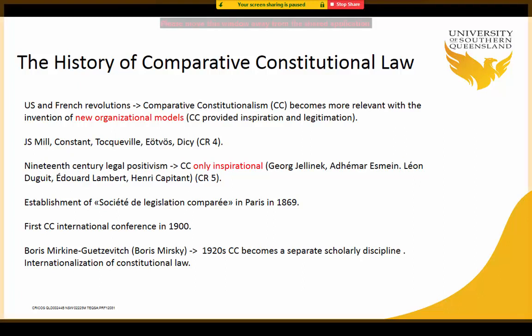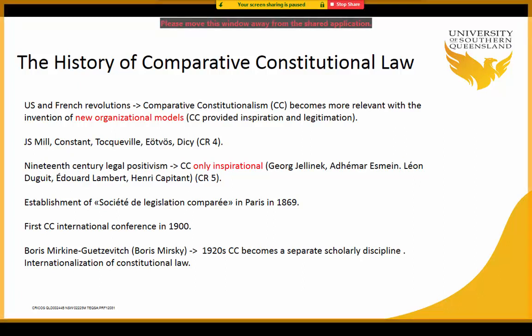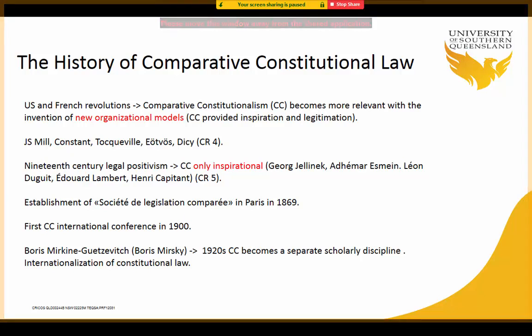Then we come to 1869, the birth in Paris of the Société de Législation Comparée. Excuse me, my French is very good, so don't judge me on that. It's basically the Society of Comparative Legislation or Comparative Law.